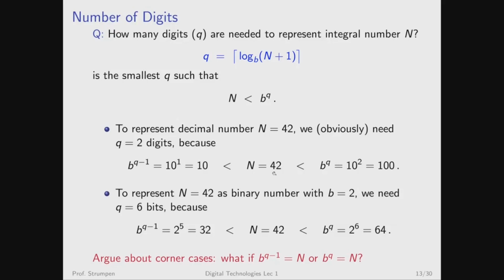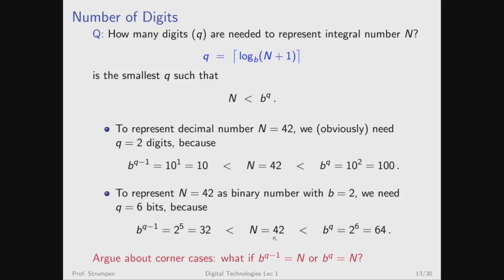Now, what if we want to represent 42 as a binary number? That is, base is 2, how many bits do we need to represent it? The answer turns out to be 6. Why? 2 to the 6 happens to be 64, which is larger than 42.